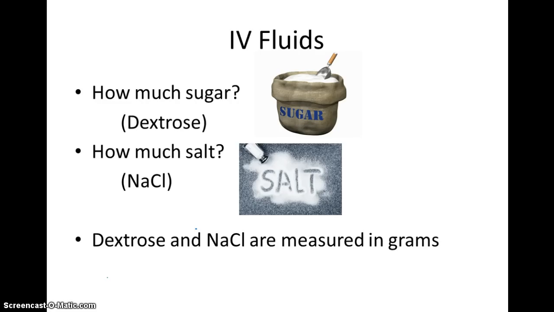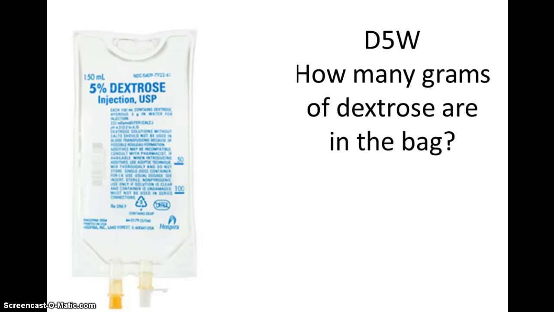Let's take a look at an example. Here we have D5W. That is the abbreviation for 5% dextrose. So you see that the D5W is simply referring to the 5% dextrose. And our question, just like I told you, is how many grams of dextrose are in the bag.